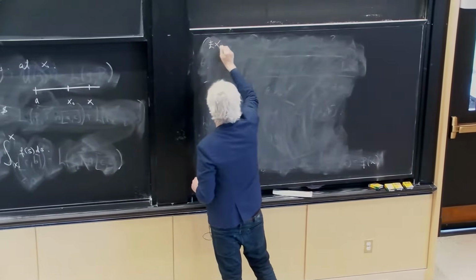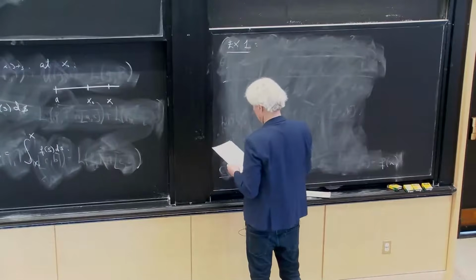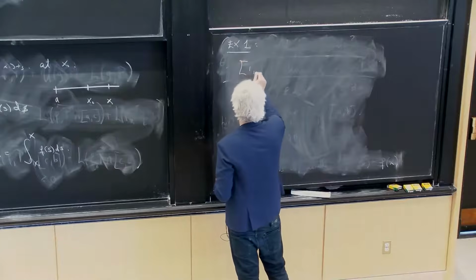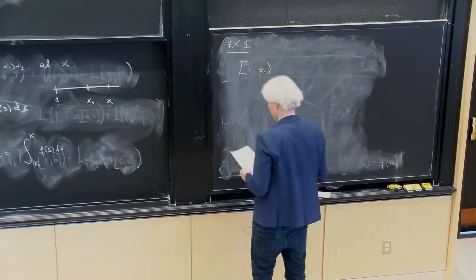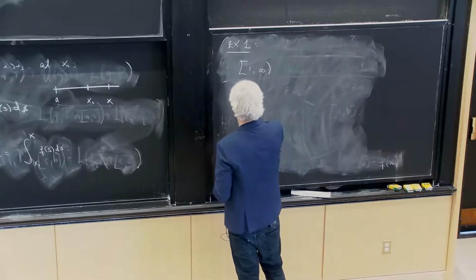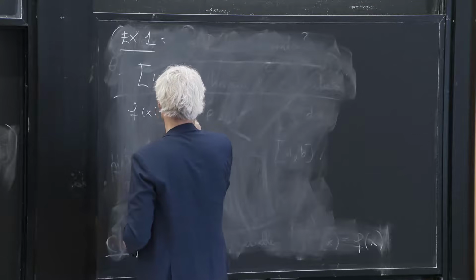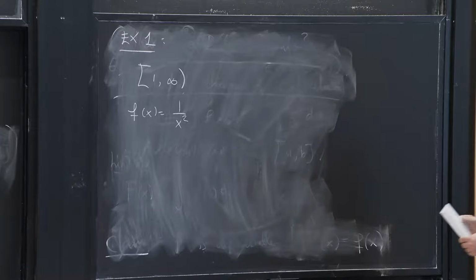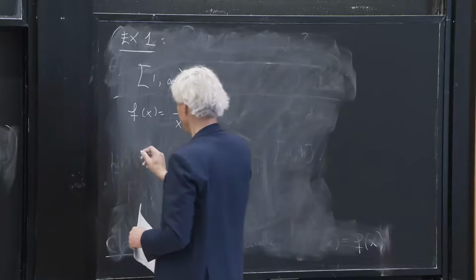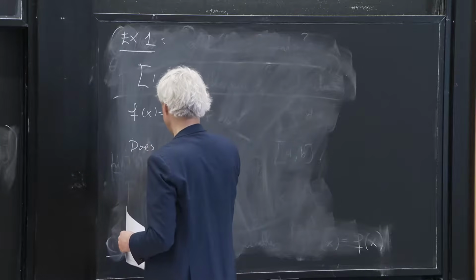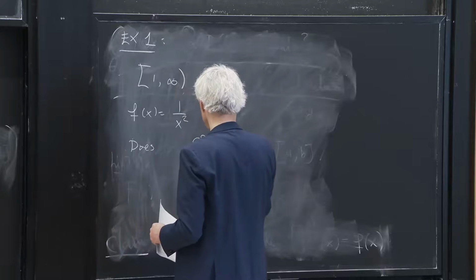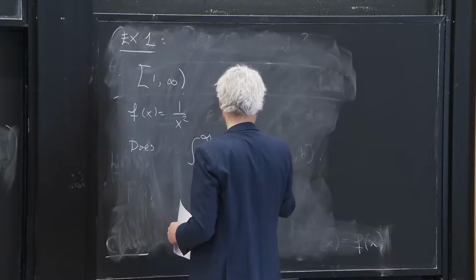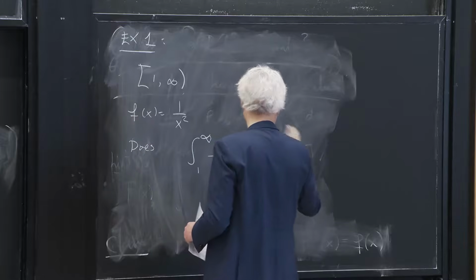So the first example is where the interval is 1 to infinity, and we're looking at the function f of x equal to 1 over x squared. And the question is, does the improper integral of 1 over x squared dx exist?